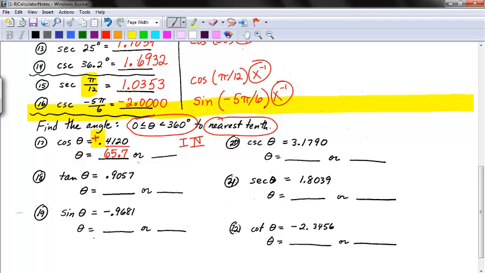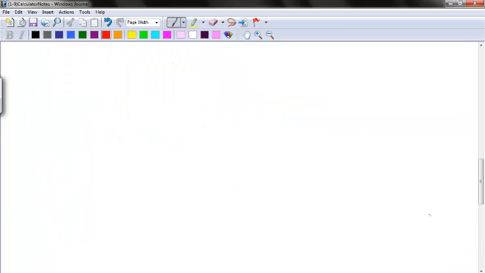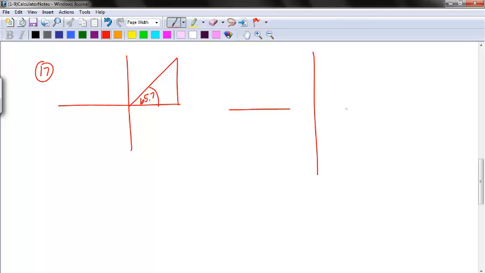Now you may want to turn your paper over and draw these pictures on the back. So this is for number 17. The first answer was in quadrant 1. That was 65.7. We said the other place that cosine is positive is quadrant 4.